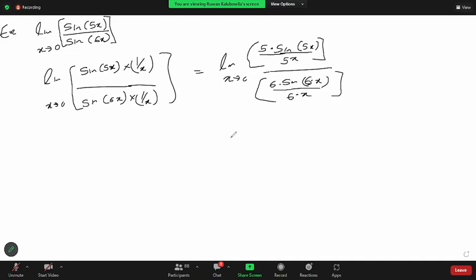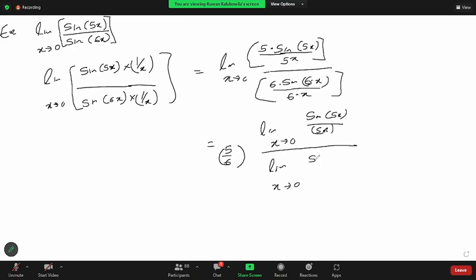So I will take out 5 over 6 from the limit operation and write the limit of sine 5x over 5x, over the limit as x approaches 0 of sine 6x over 6x. Right, you can write this one here.